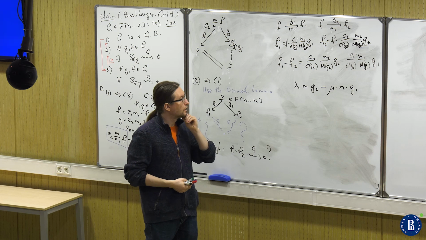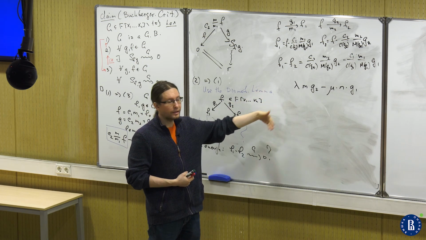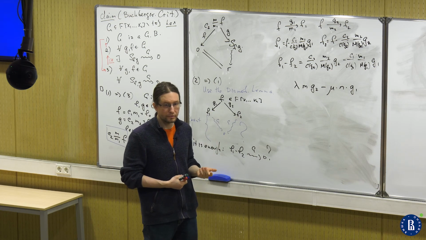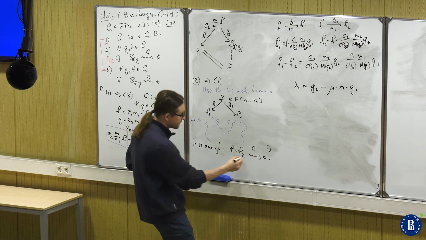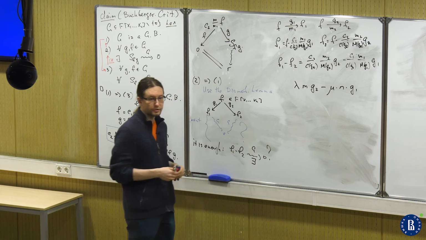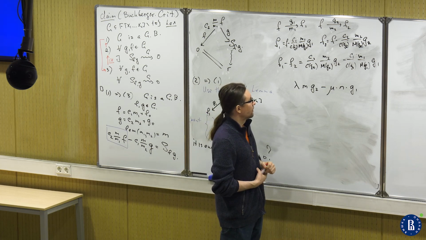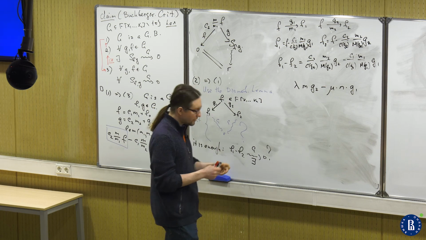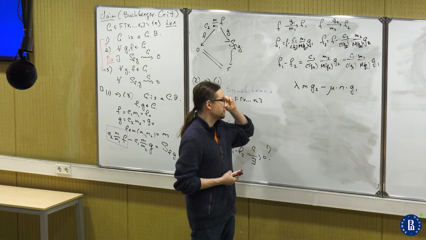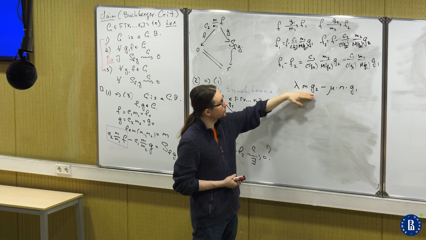Now we want to show that this thing can be reduced to 0. There is at least one way to reduce it to 0. It's enough to find at least one way. Now, let's take a look at this expression.